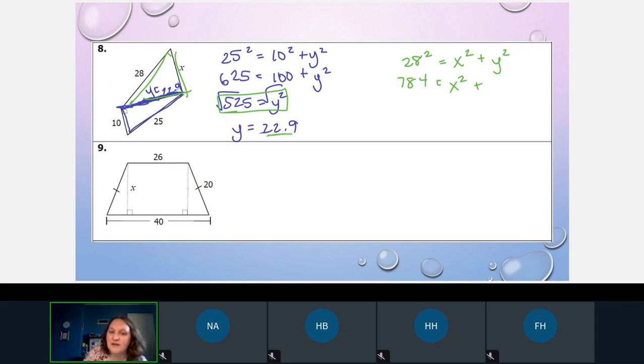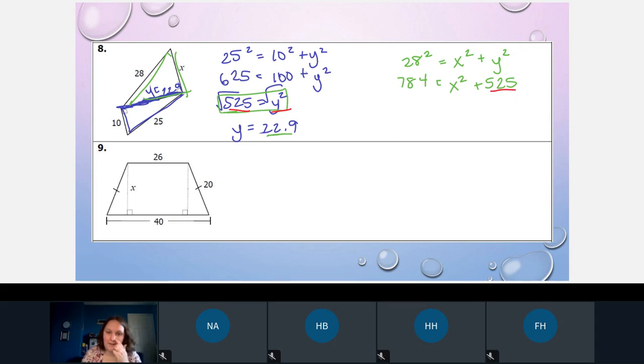So I'm going to write 525 right here because y squared equaled 525. We didn't do the rounding until we took the square root. So by putting this 525 right here, I'm making my x value more accurate. If I put 524 here, that's going to change the x value enough to not be as accurate. Okay, so are we okay with how I put 525 here for y squared?